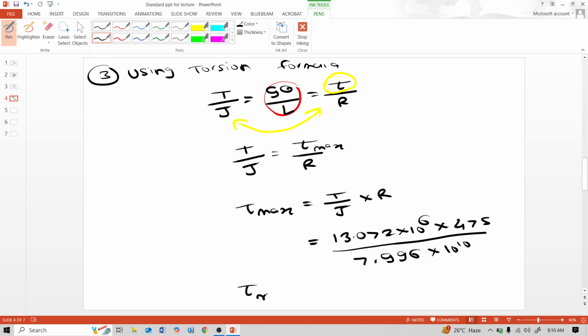So tau max is 13.072 into 10 raised to 6 into 475 divided by 7.996 into 10 raised to 10, which is 0.07765 Newton per mm square. The stress unit is Newton per mm square.